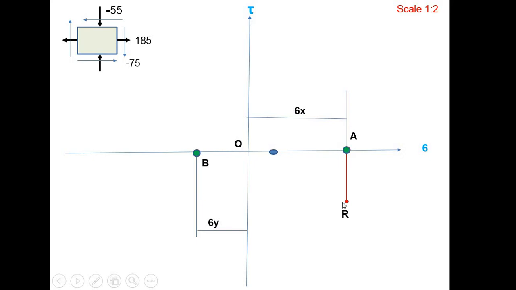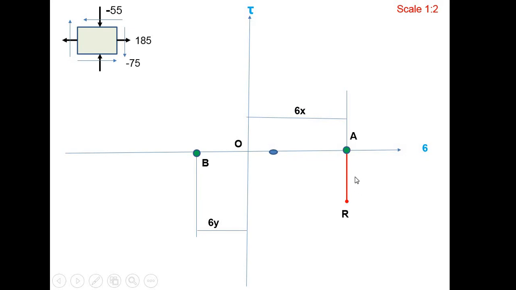Then draw a perpendicular from the A point. This distance equal to tau. So tau is given minus 75. This is tau positive. This is tau negative. So tau value is negative on a vertical face. From this A point we are going to plot the tau distance below the x-axis, or we can say towards the negative y direction.